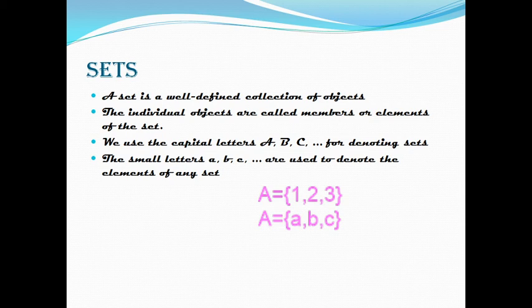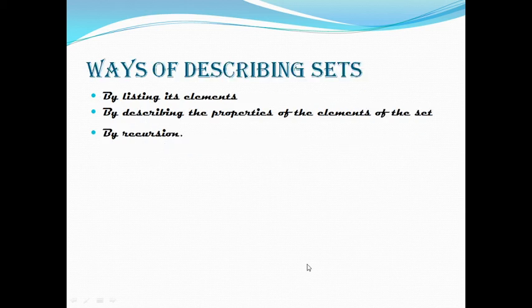When you are using alphabet, members will be small letters and the name will be capital letters. Also, elements of the set are members, or the objects of the set are also called members of the set. Okay, this is the basic knowledge of sets.